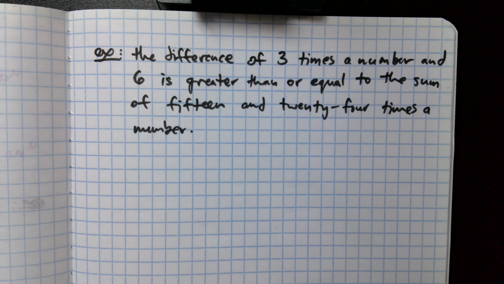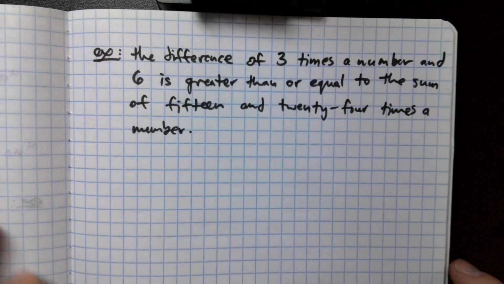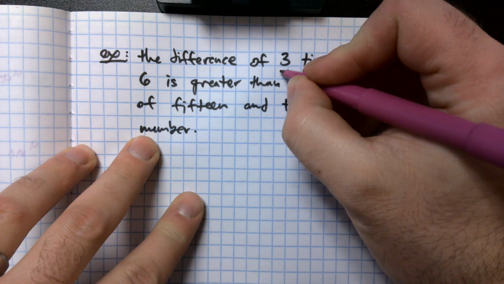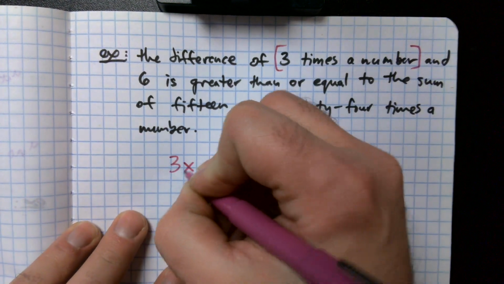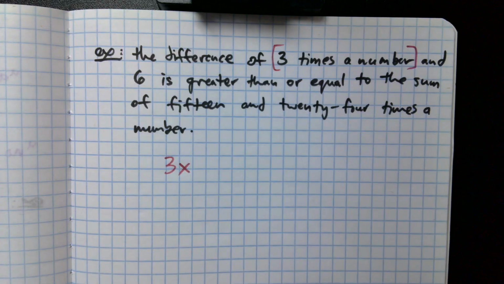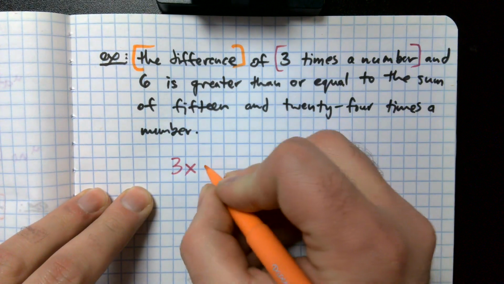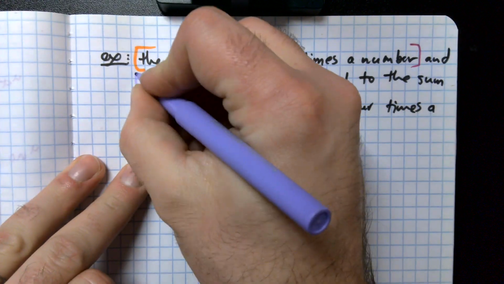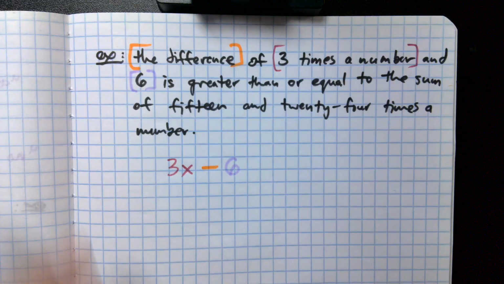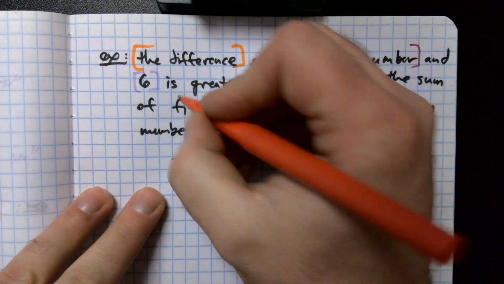All right. Let's break it down piece by piece. The difference of 3 times a number. Let's start with this. 3 times a number. What does that look like? 3x. The difference tells me I'm subtracting. What am I subtracting here? 3x minus 6. Is greater than or equal to, that one's easy.